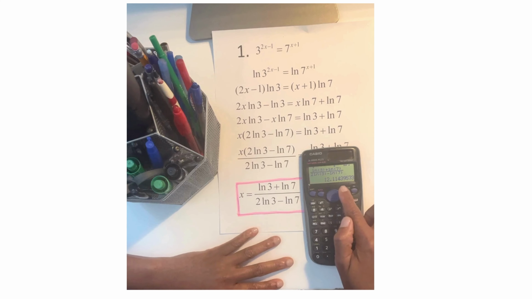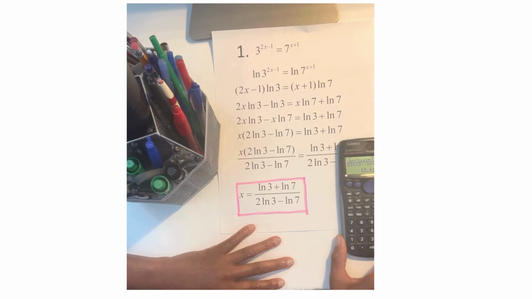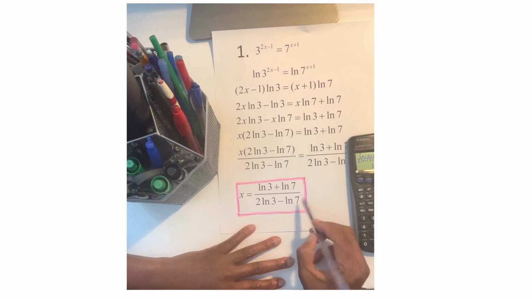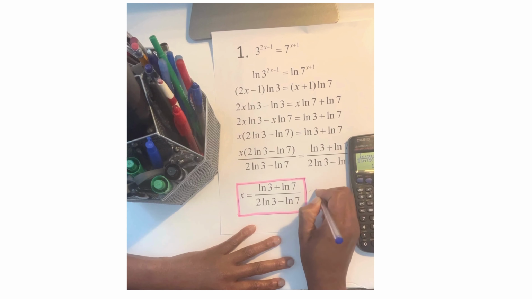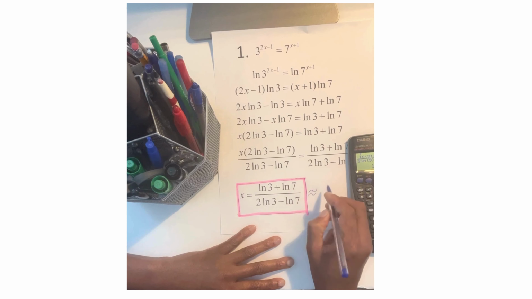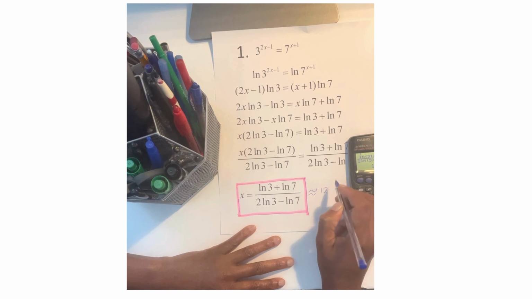So you have 11 and then you have a 4. Since 4 is less than 5, the 4 and everything after it you're going to drop. So your approximate decimal answer is 12.11.